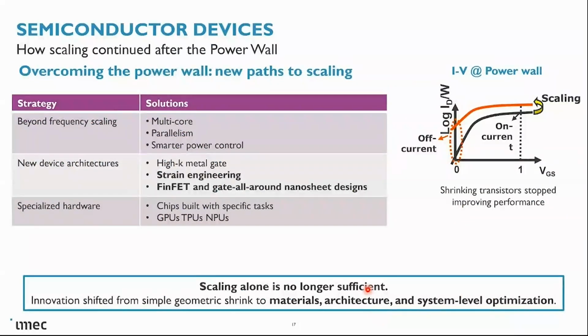How did the industry react to this? Trying to overcome the power wall, new paths were created. I try to summarize here, but for sure there are others. The main strategies are beyond frequency scaling, so it's an architectural change: instead of pushing frequency higher, designers used multi-core processors and more parallelism.